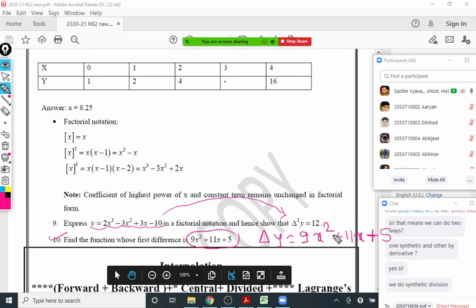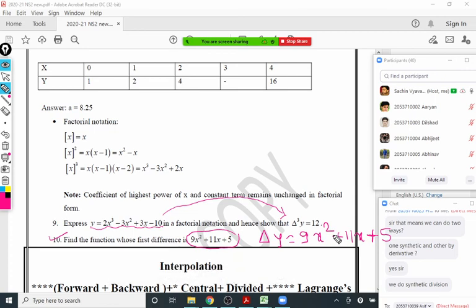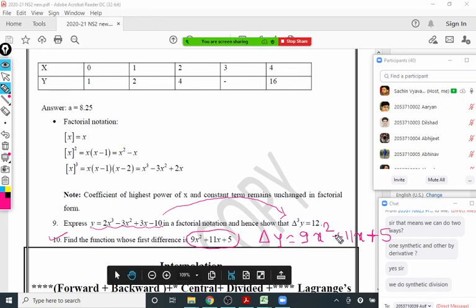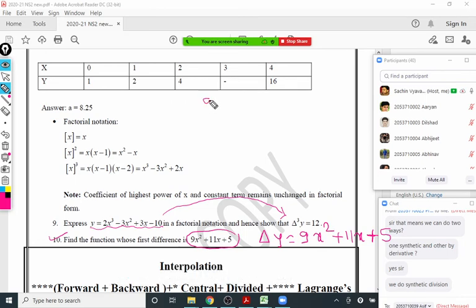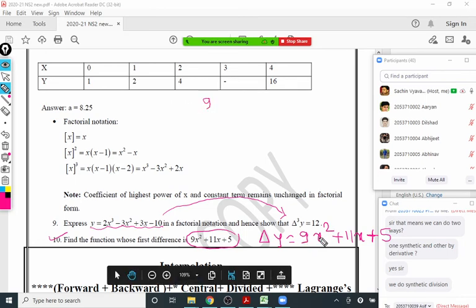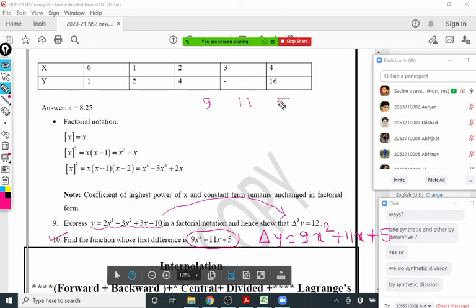Okay, I hope this becomes clear. Now tell me how to convert this into the factorial form. So we should write the coefficients. Yes, what are the coefficients? The coefficient of x square is 9, then 11 and then 5.